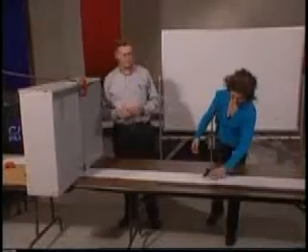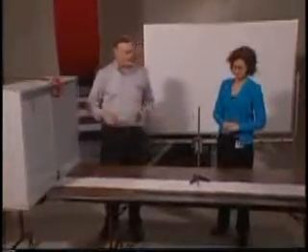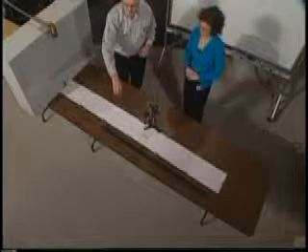Okay, now the question is, how can we use your knowledge of mathematics to figure out ahead of time precisely where that can has to be placed so that when we roll it the next time, it'll land right in the can? Okay? Now, the first question we have to ask is, when the ball leaves the ramp at this point, what path is it following?